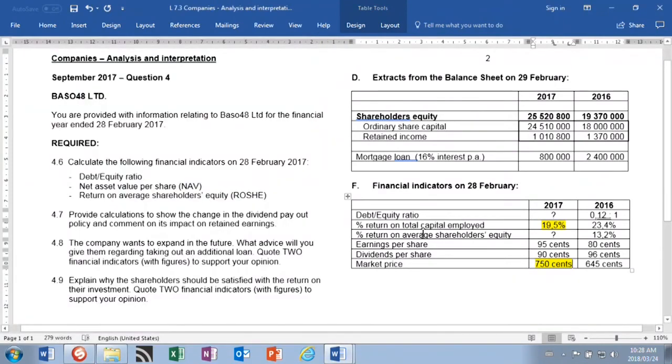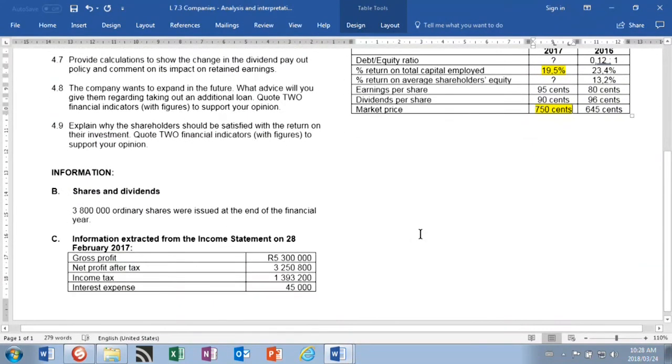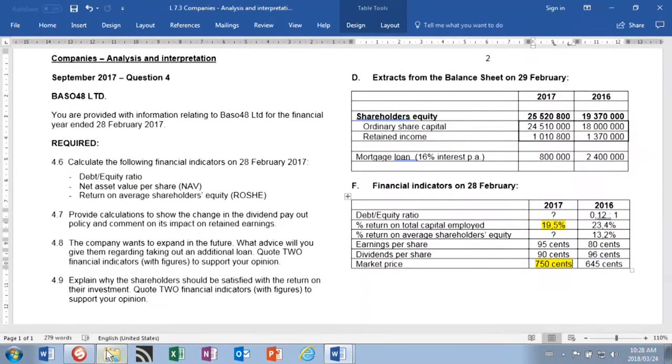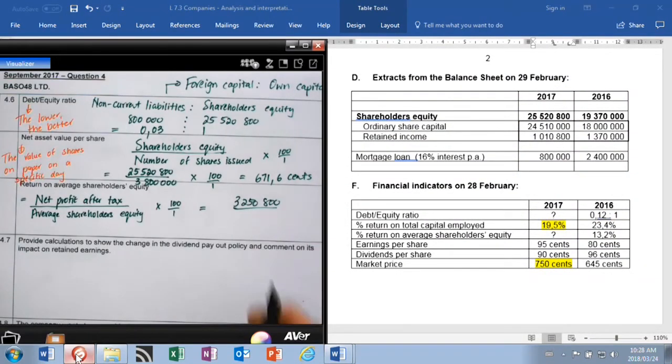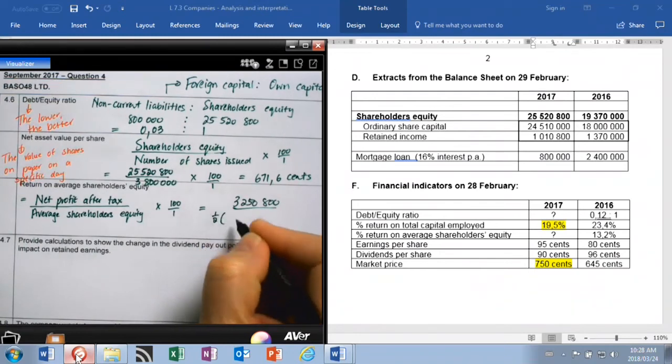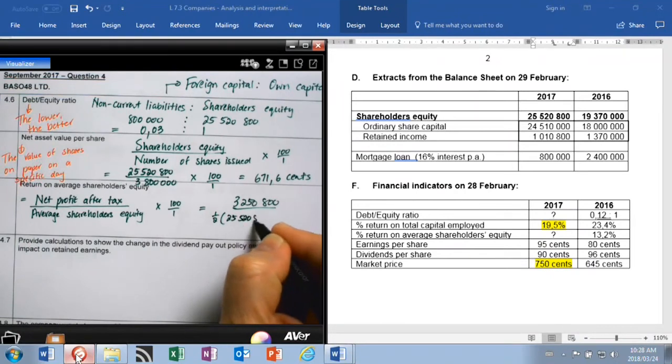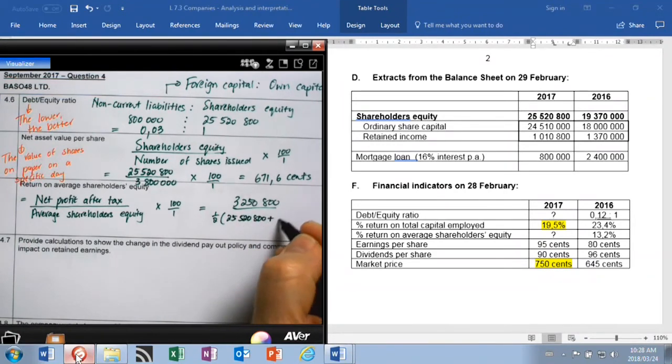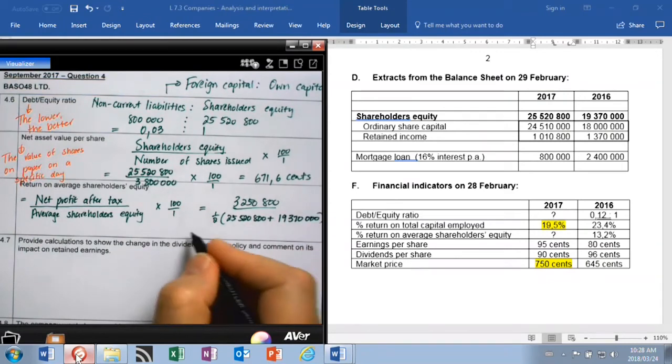Sorry, I just want to quickly go back there. It was 3,250,800 there. The average owner's equity is half of the 25,520,800 plus the 19,370,000.